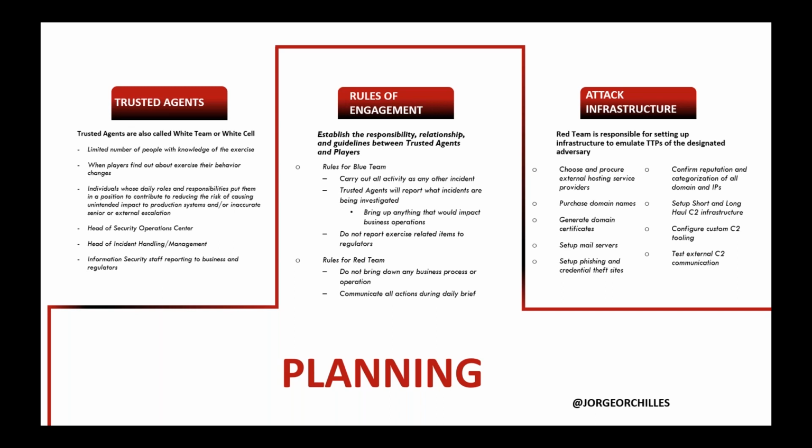You will have your long hauls that they won't catch, and you can be stealthy through there. And then, of course, you'll have some custom command and control tooling, and you want to test any of this communication. You want to be operationally secure.